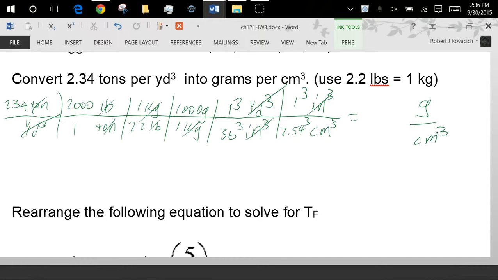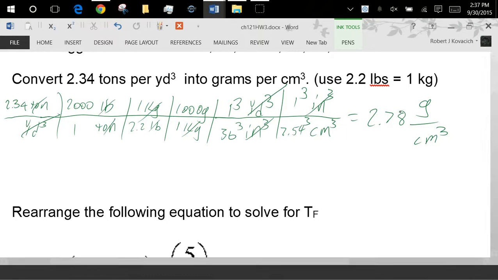So I'm going to take the 2.34 times 2,000 times 1,000, divided by 2.2, divided by 36 cubed, divided by 2.54 cubed, and I got 2.78.